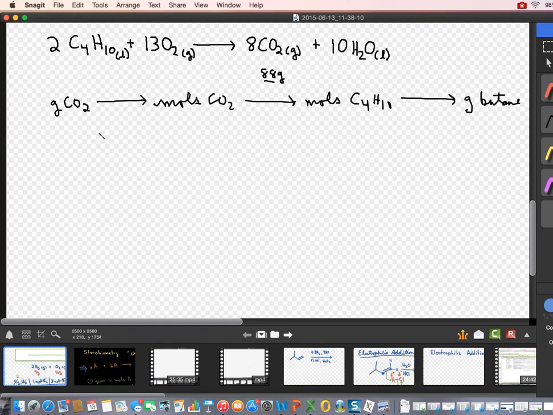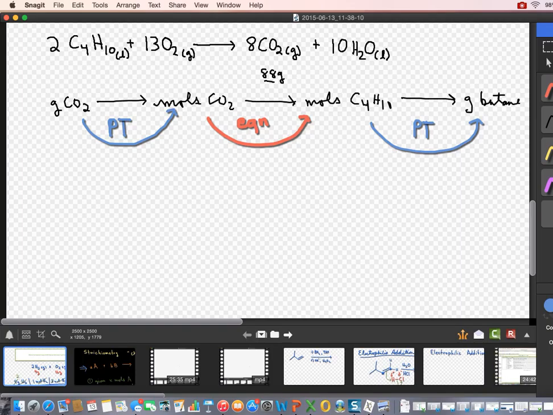So step 1 is periodic table knowledge. Step 2 is the balanced chemical equation. Step 3, periodic table knowledge. Very typical stoichiometry problem. The only curve in this is that we're working backwards instead of forwards.